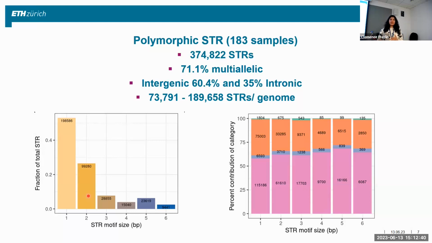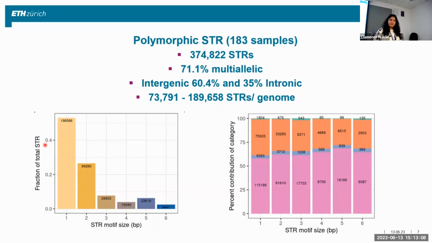We filtered them out. Further, we did extra filtration based on the suggested quality metrics. And then we ended up finally with 374,000. And out of those, 71.1% were multi-allelic. And here you can see that, again, they follow a distribution similar to the reference STR, the least observed at motif size 6, and the most observed at the 1 base pair STR motif size.